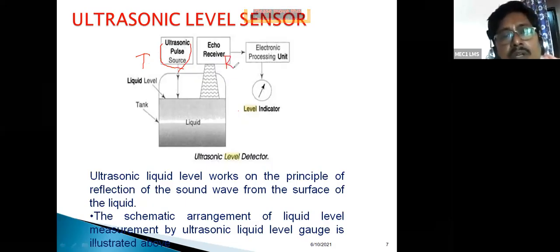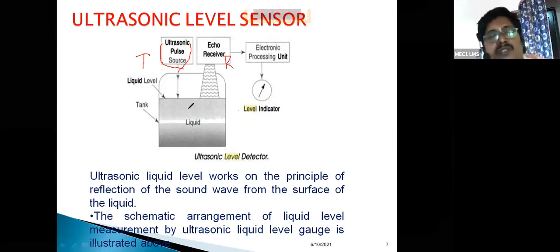This one we can call the receiver. When the ultrasonic sound waves strike the surface level of the liquid, they reflect and are received by the receiver. This takes some period of time.